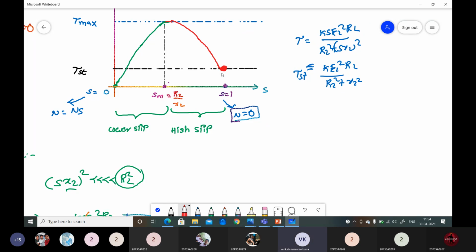So the rotor stops rotating, and once the motor stops rotating, the torque at that time is nothing but the starting torque, because s equal to 1. If the rotor becomes stationary, then slip equal to 1 and the torque by the induction motor is TST, this point. So these are the torque slip characteristics for lower and higher values of slip.